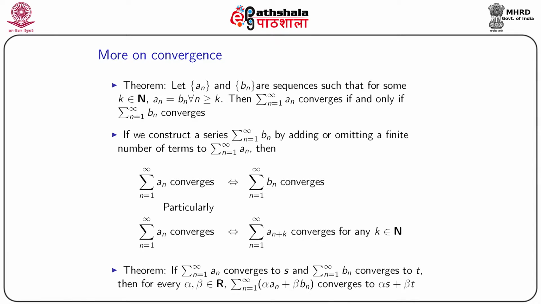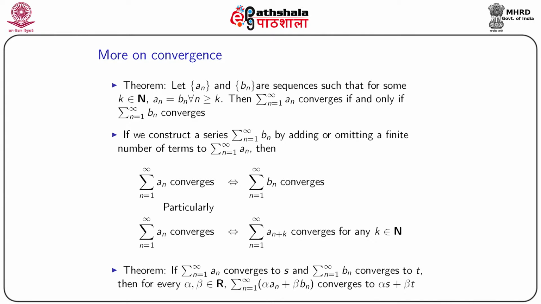Now we will talk about more results on the convergence of series. Suppose we have two sequences a_n and b_n such that for some k belonging to the set of natural numbers, a_n is equal to b_n for all n greater than or equal to k. So k should be an integer.